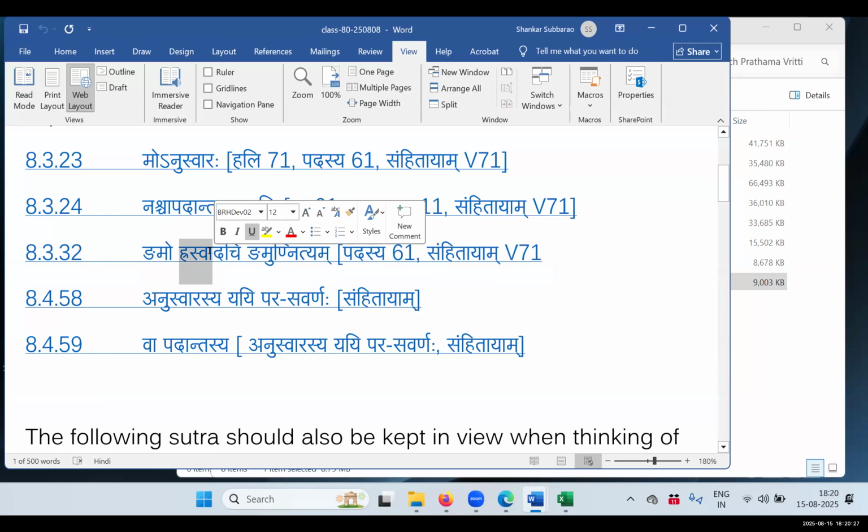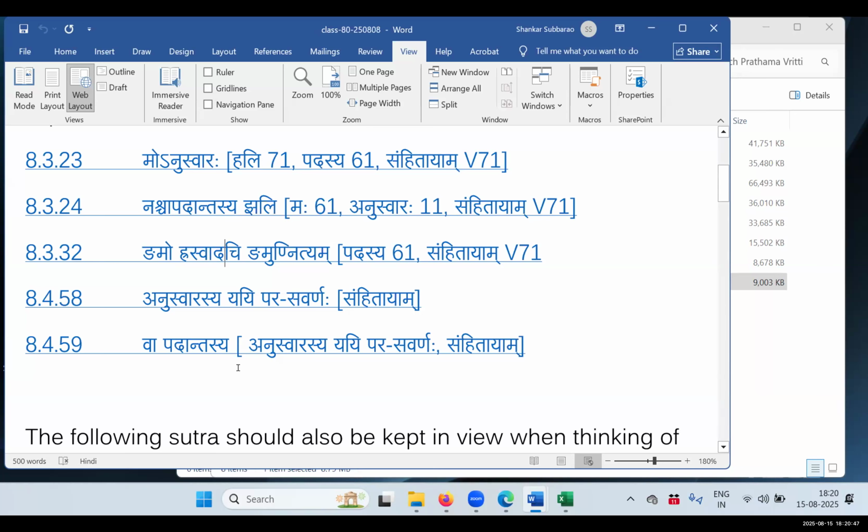A hrasva letter immediately followed by this ngam pratyahara. And what is that ngam further followed by? Achi. So you have three now: a hrasva letter followed by a ngam followed by an ach. Then what happens?